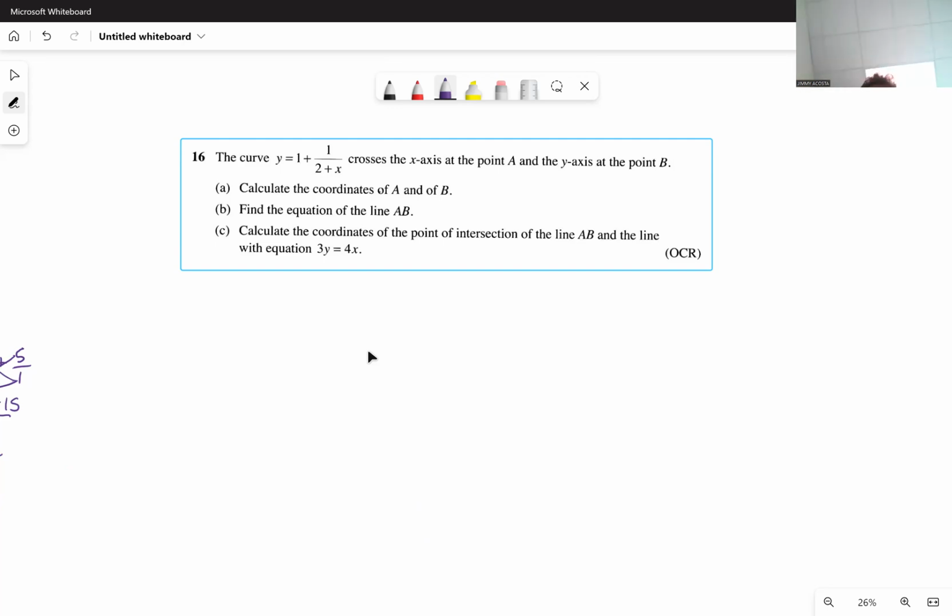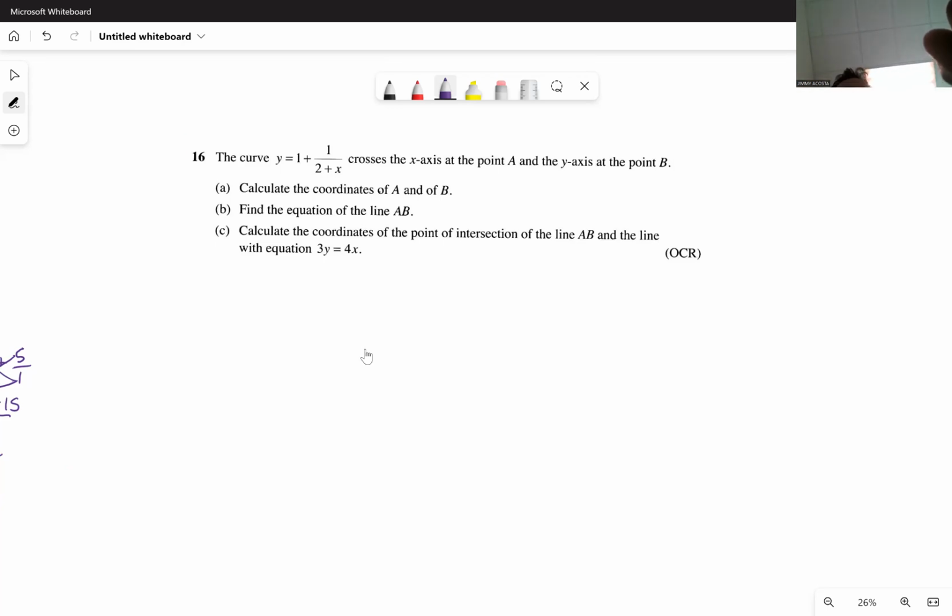So let's begin. The first thing I would recommend is just to write down the information you have, which in this case is just this. Now, what do you mean when something crosses the x-axis? What is that called?